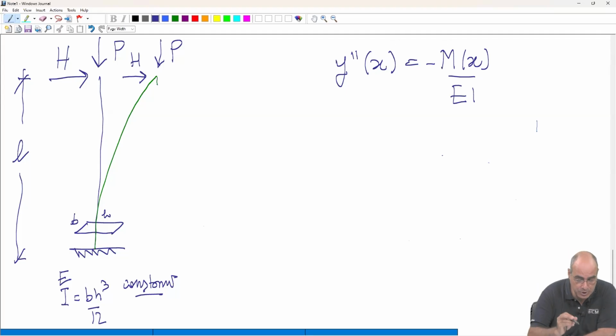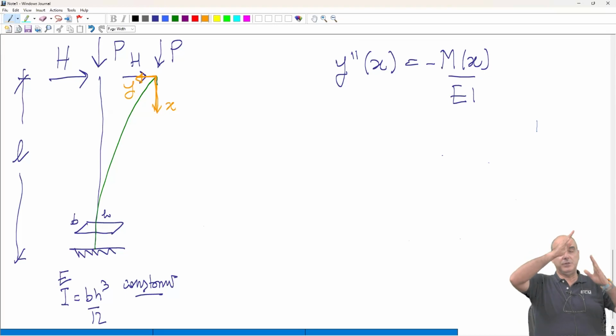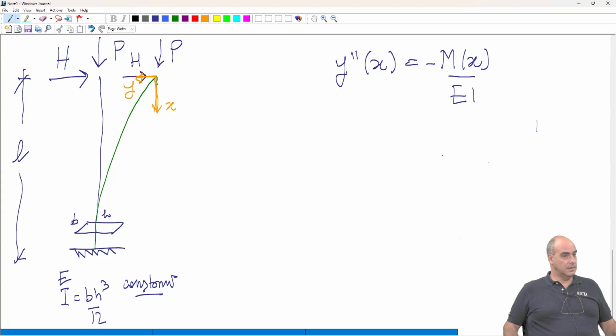In this case, we choose a reference system. I draw you here in orange. This reference system is centered on the top of the column, but in the deformed configuration. So it follows the top edge of the column, which is moving. The x-axis describes the axial coordinate.